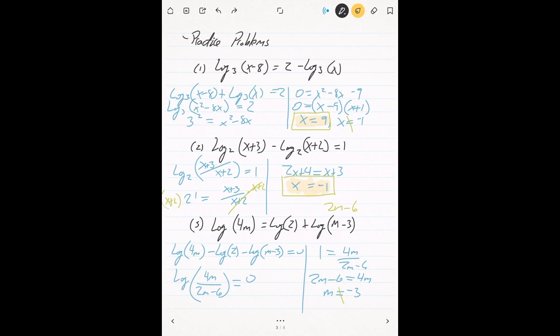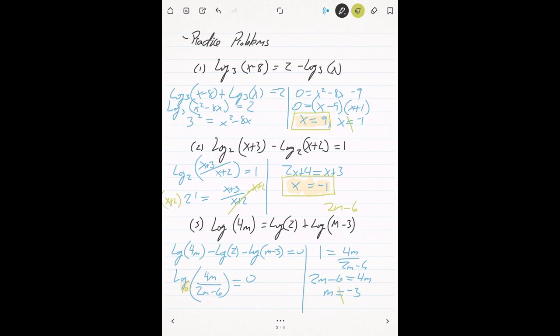So again, we could go ahead and rewrite this. Keep in mind, there's no base written here. Since there's no base written, what we're implying is that this has a base of 10. There's like an imaginary 10 right there. Now, I should point out, this sometimes varies.